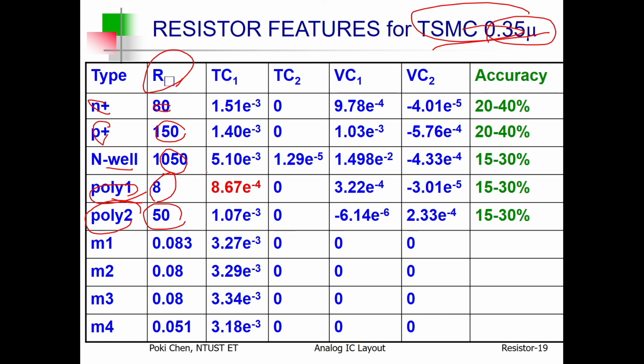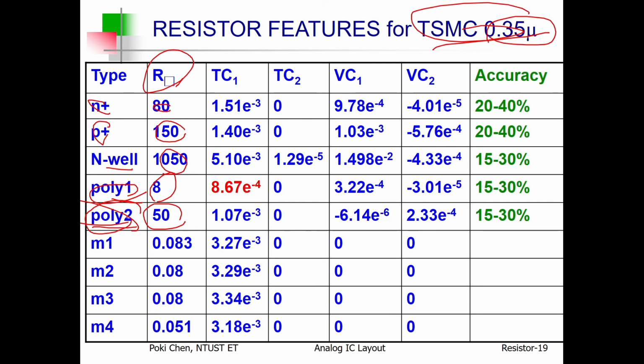But how can you reduce the resistance of Poly 2? Very simple. You can have as many contacts as possible to connect your Poly 2. All those contacts will be effectively connected in parallel with Poly 2 to reduce the overall resistance.